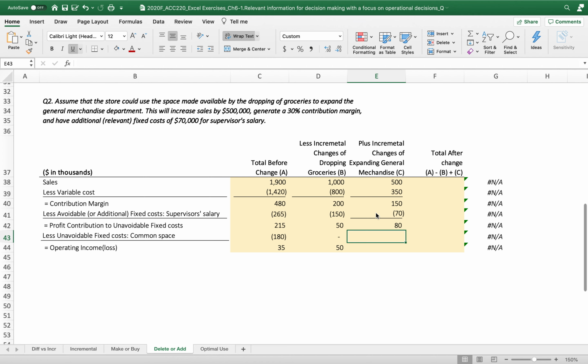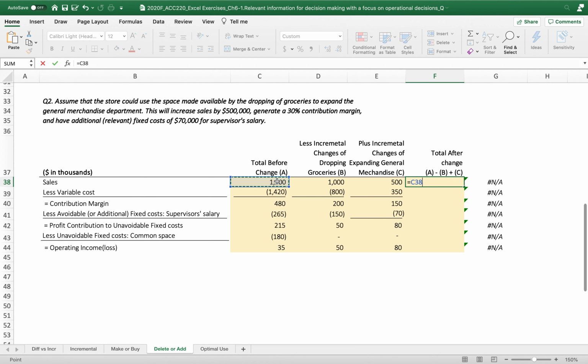And then the unavoidable fixed cost. Do we have any unavoidable fixed cost added? No, we don't. So 0. So the operating income here is 80. Now let's calculate A minus B plus C. That means before change, minus the incremental changes of dropping groceries, plus the incremental changes of expanding general merchandise.